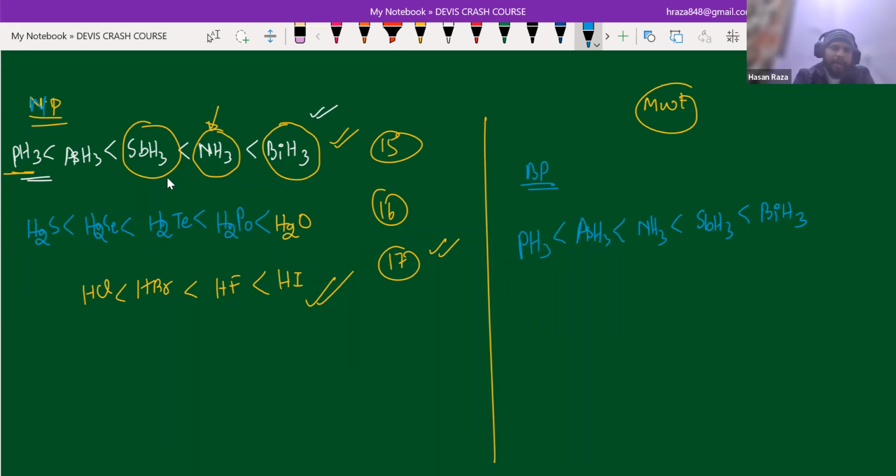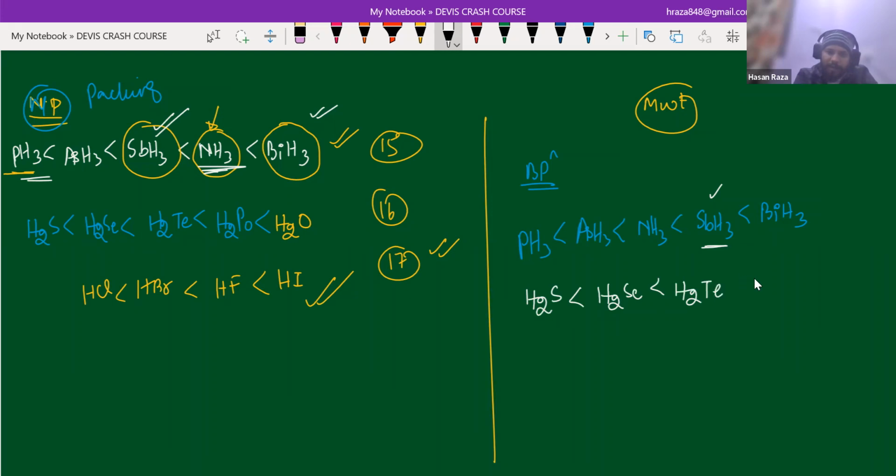See, in melting point we look at packing, and in boiling point we look at force of attraction. Here the packing is better in NH3 as compared to SbH3, that's why SbH3 is behind NH3 in melting point. But the force of attraction is more in SbH3 as compared to NH3.